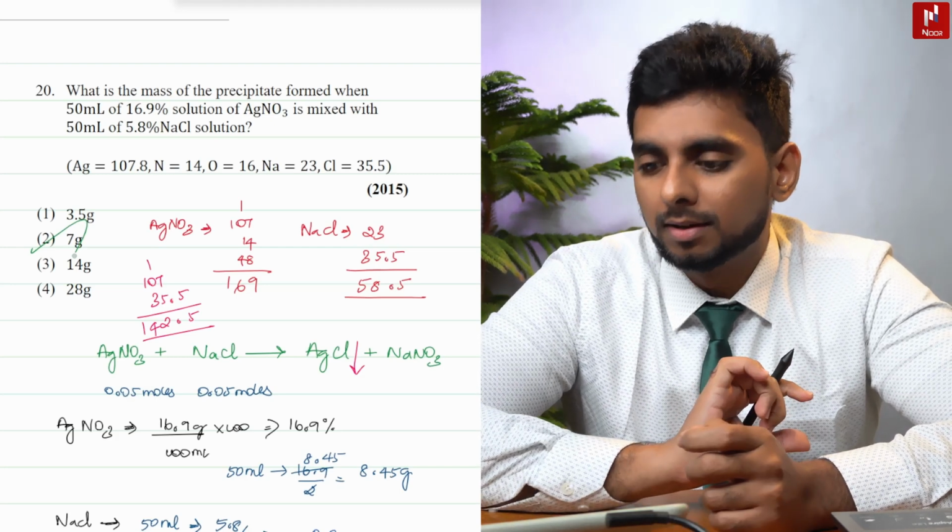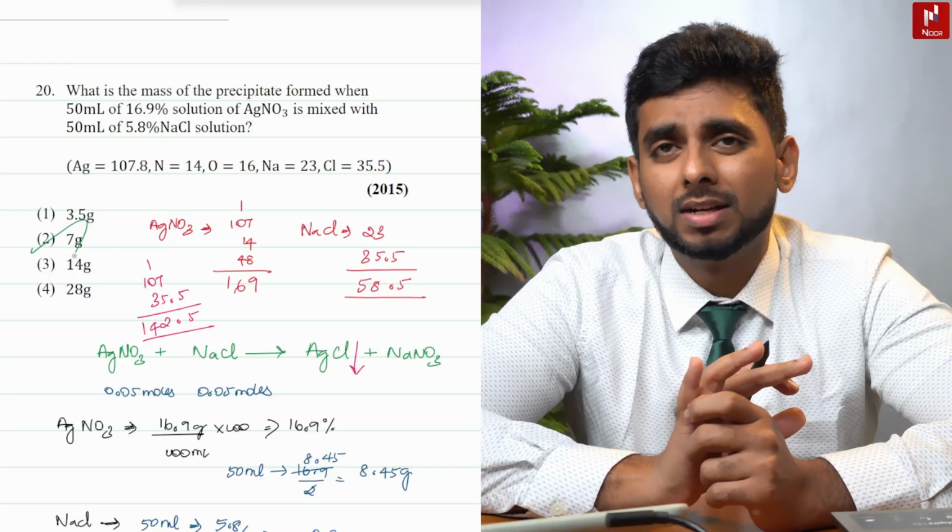Here, you'll have to get the chemical equation. Once you get the chemical equation, the next step will be finding out the gram that was present in 50 ml of the solution, right? Once you get that, I'm ready to find the number of moles. In this situation, both those moles were the same amount.